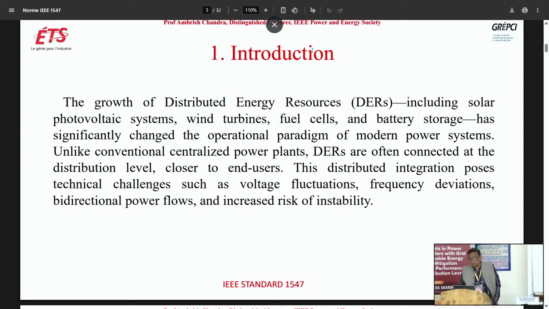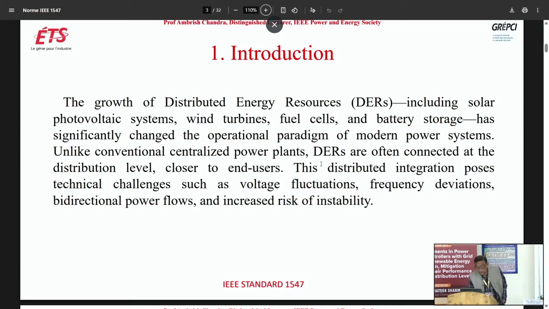Okay, you have solar panels and roof panels, right, closer to end users. This distributed integration poses technical challenges such as voltage fluctuation, frequency deviation, bidirectional power flow, increased risk of instability. So this is what we call distributed energy resources causing problems.